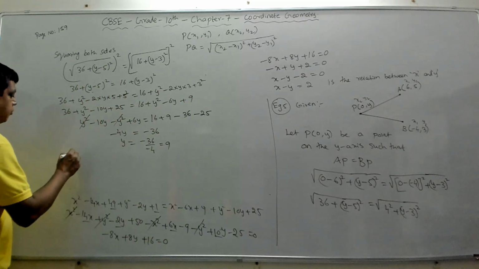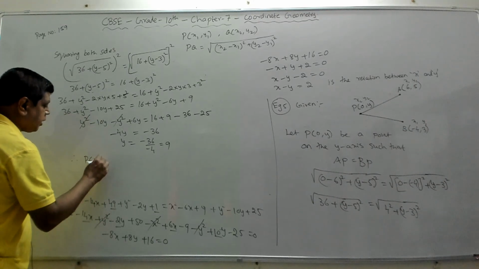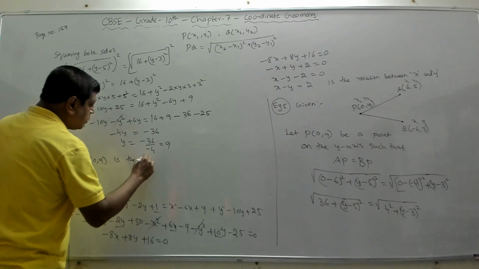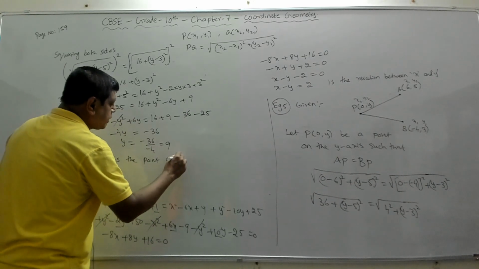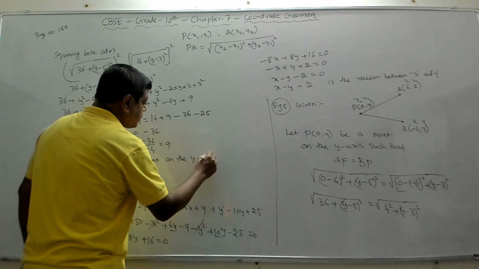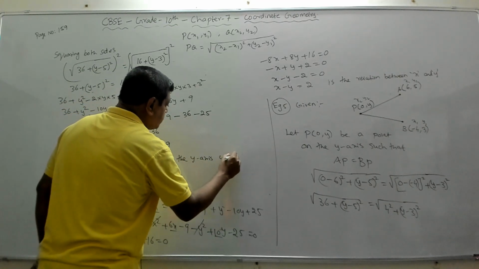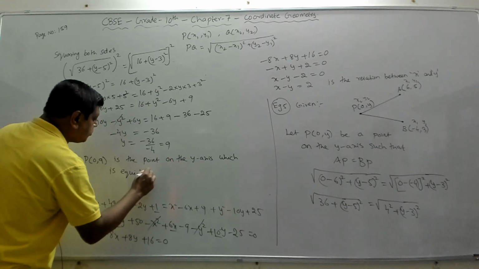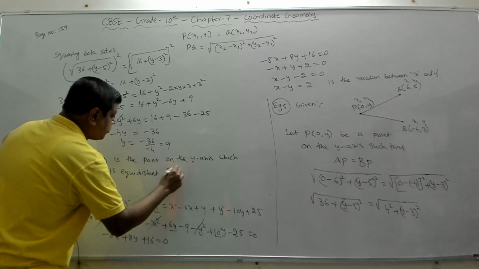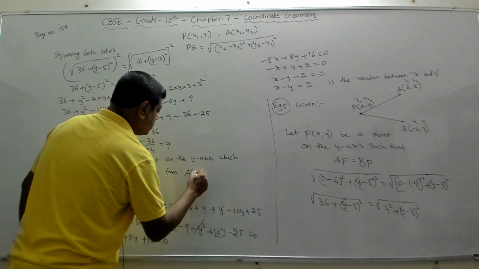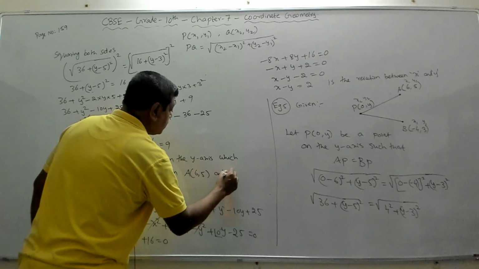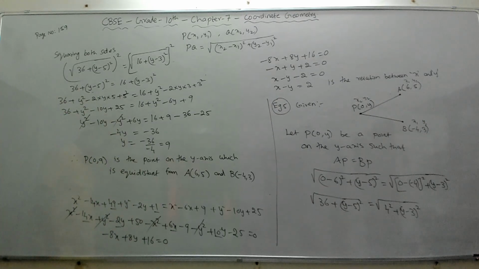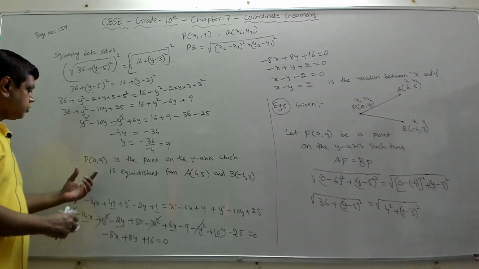Therefore P of 0 comma 9 is the point on the y axis which is equidistant from A and B, A of 6 comma 5 and the point B of minus 4 comma 3. Fine. So this is the answer. So P of 0 comma 9.